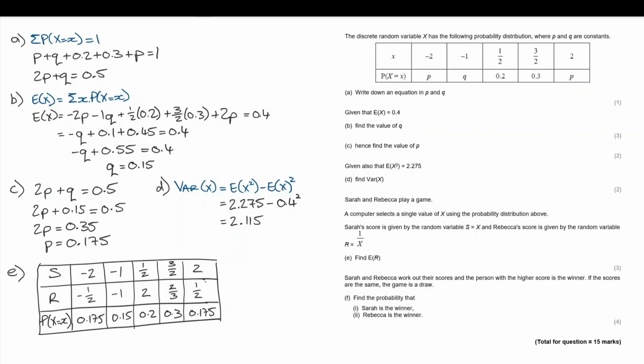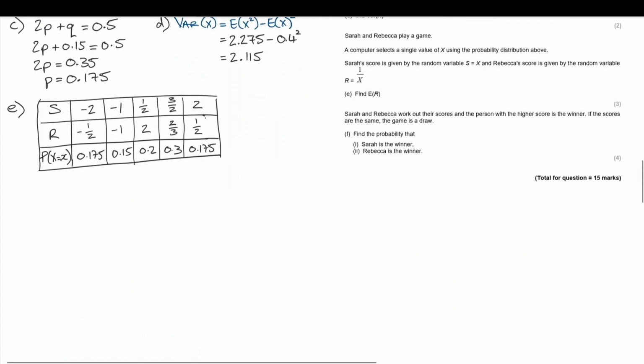Now let's find the expectation of r. The expectation is going to be a product sum. I'm going to multiply each of the r values by their corresponding probability. So that's the newly generated r values with the original corresponding probabilities. Technically, these should be lowercase s and r.